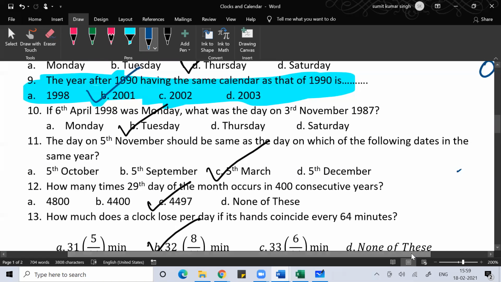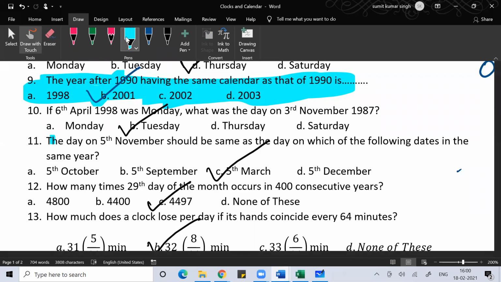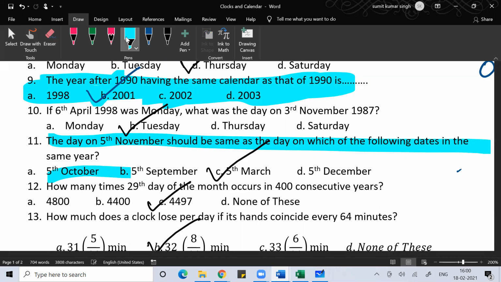So you can try this question, question number 11, everyone. Very easy problem. You can use a shortcut or you can use a logical approach.